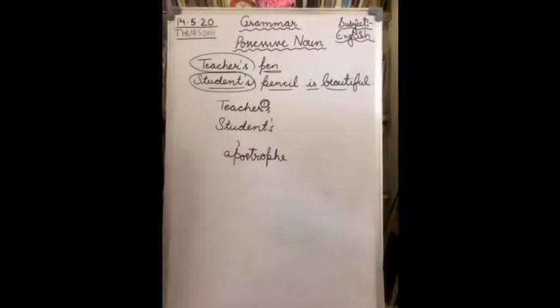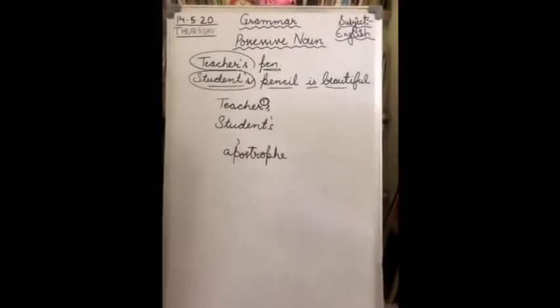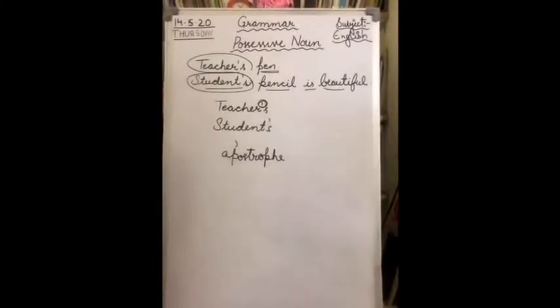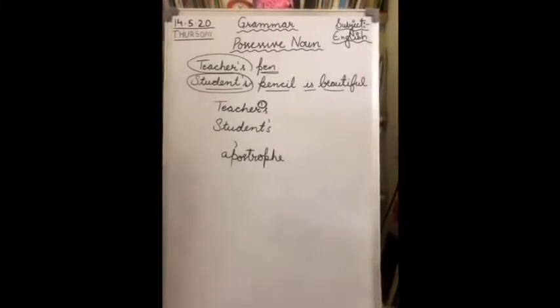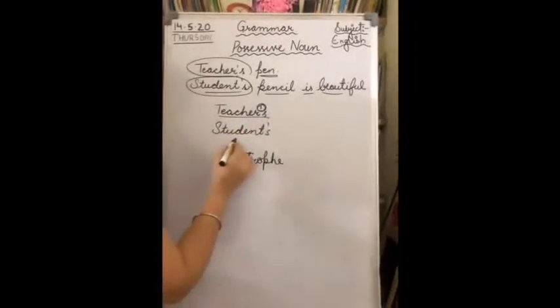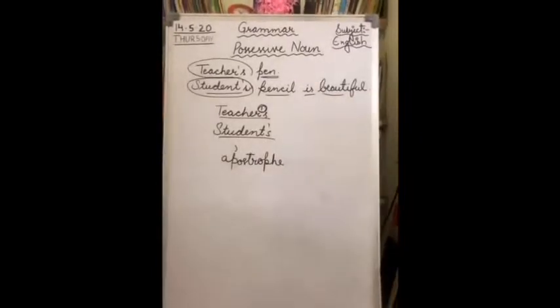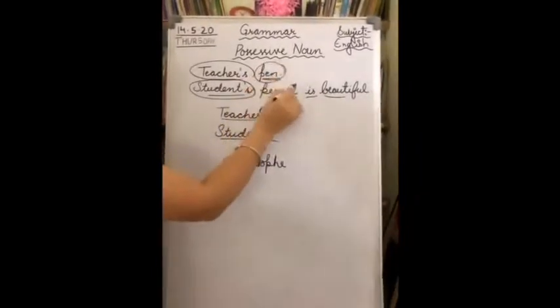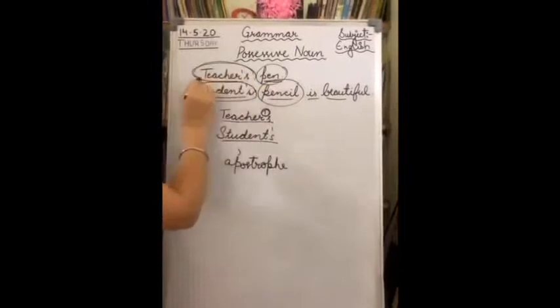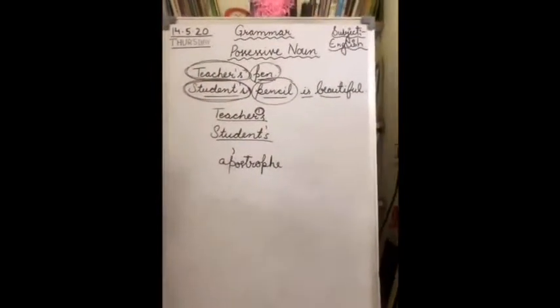Children, this apostrophe plays a very significant role, or you can say very important role in showing possessiveness. In the above sentences, teacher's and student's, both the words are possessive nouns. These are nouns, but these words are possessive nouns. What are these? Possessive nouns.